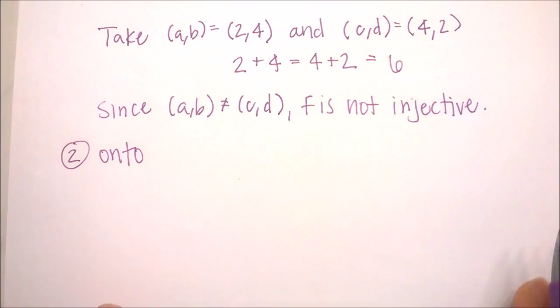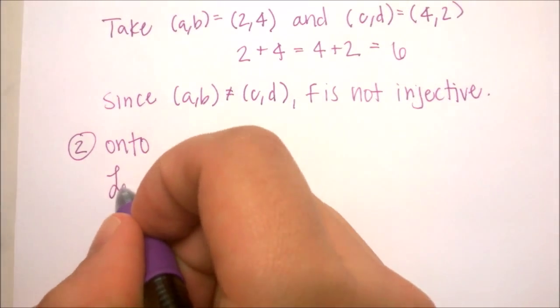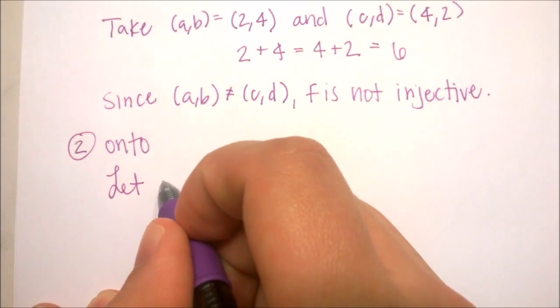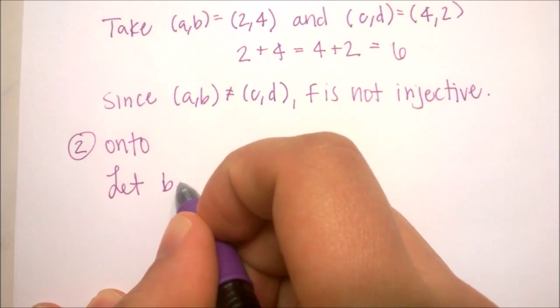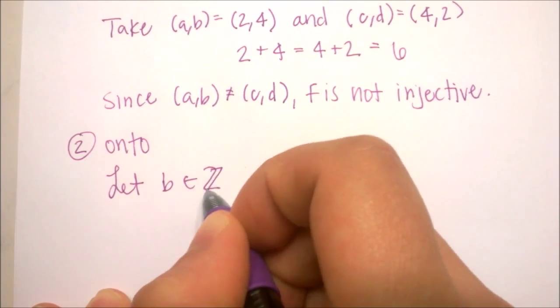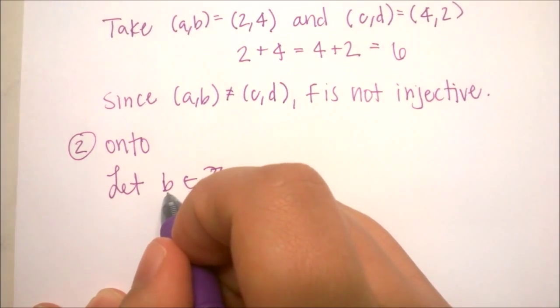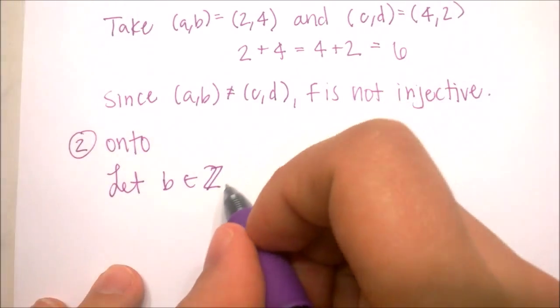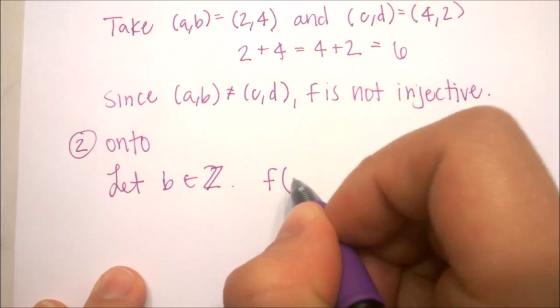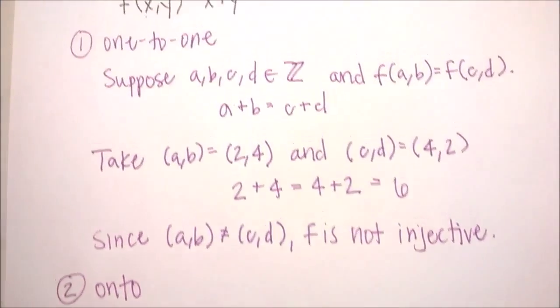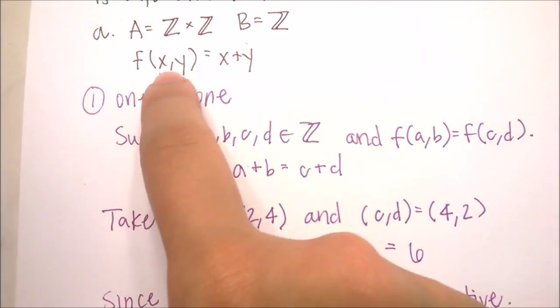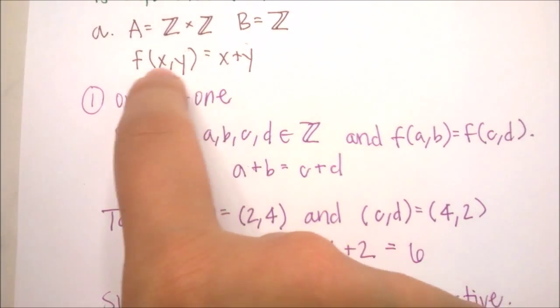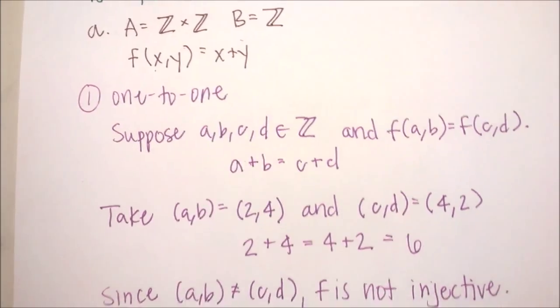Okay, so here let's let an arbitrary element b be an element of Z. So b is an output and it's an integer. So f, now remember what our f is. f of x, y equals x plus y. So your inputs are added together.